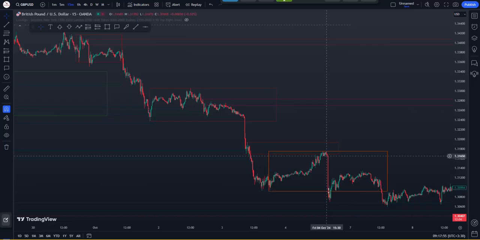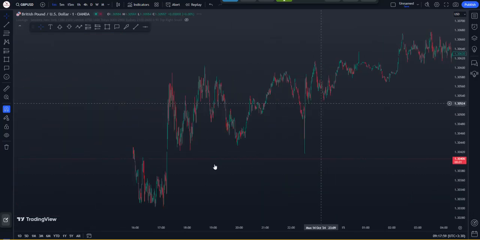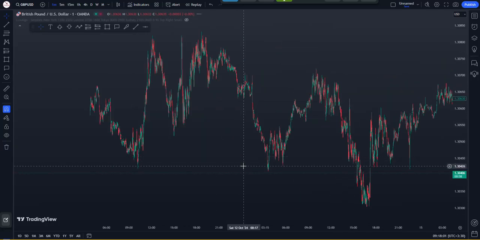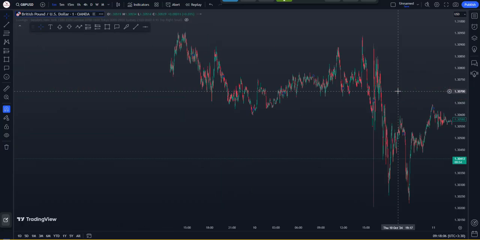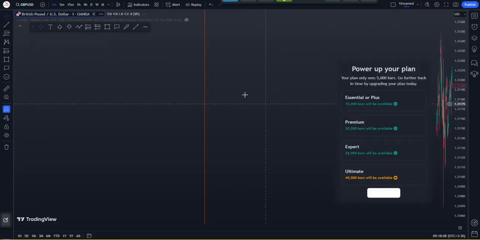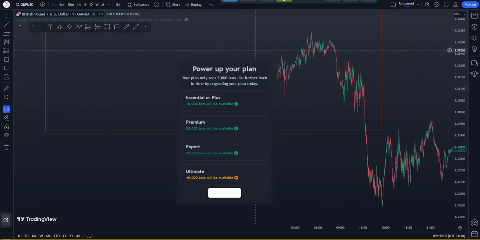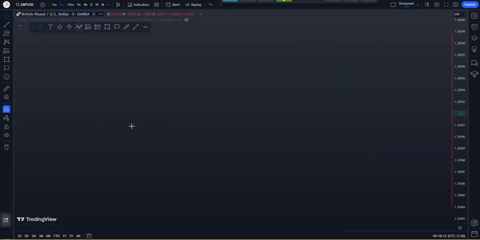Price is jumping down in all time frames. If I can see it in 1 minute, I'm happy about that, but I can't see.